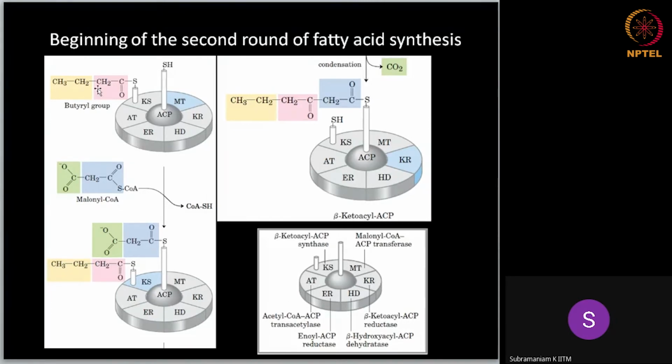And after that AT reaction, it transferred from this ACP thiol group to the synthase thiol group. Then a new Malonyl-CoA comes, and then you have again a condensation. And so you have the next beta ketoacyl group. It's the same reaction, just shown separately in a magnified image.